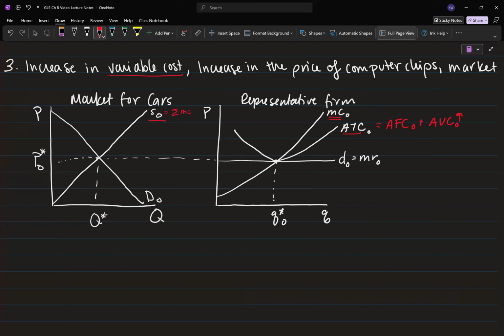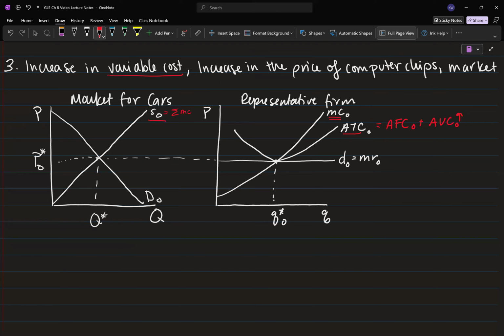So anything that impacts the firm's marginal cost is also going to impact the supply curve, okay? So we'll have these three curves changing in response to an increase in variable costs, right? So we'll have average total cost shift up, as well as marginal costs. And then we'll also have the supply curve shift up as well.